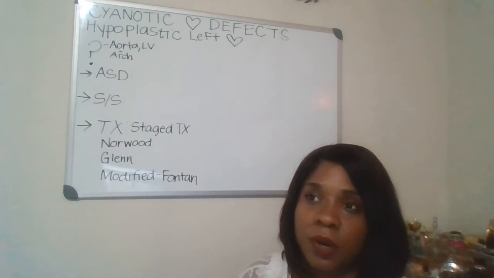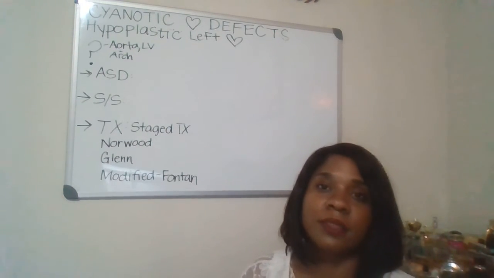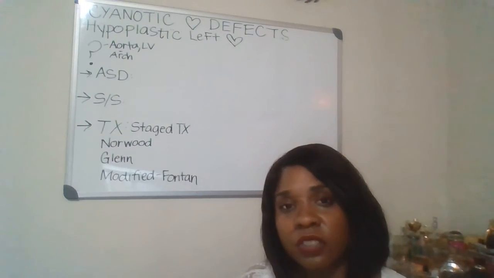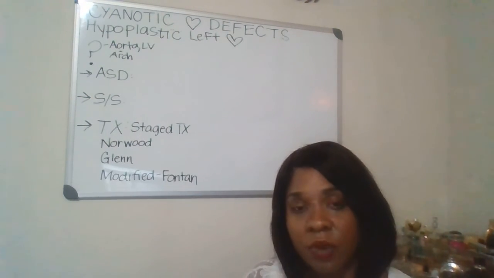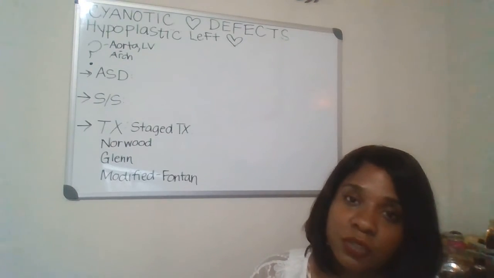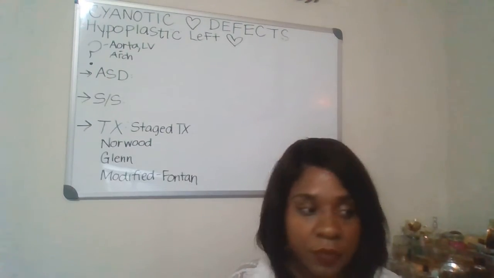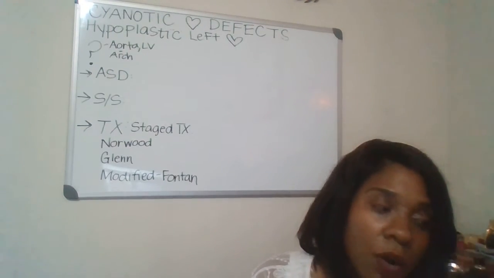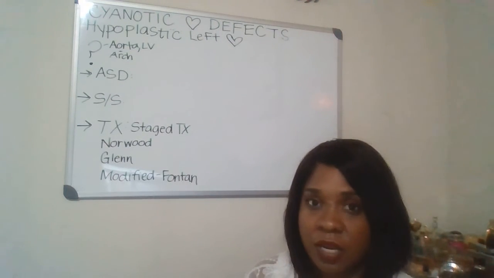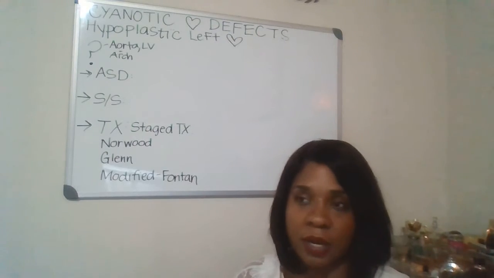So when the heart pumps, it goes straight from the left atrium to the right atrium, and that oxygenated blood gets mixed into the right ventricle and then gets pushed up from the right ventricle to the pulmonary artery. So that is the only way that they're getting that oxygenated blood to pump through the body.